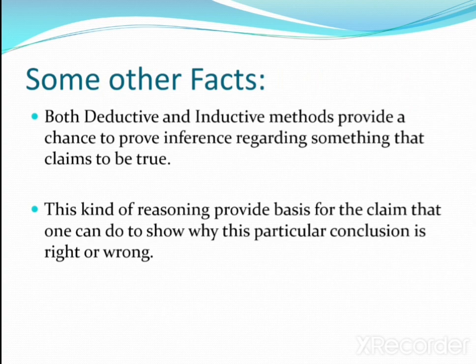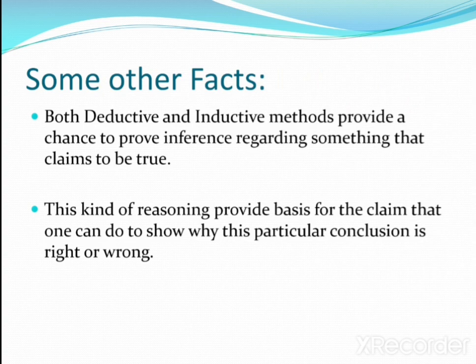There are some other facts that we are going to talk about also, and the facts are that both deductive and inductive methods provide a chance to prove inference regarding something that claims to be true. Either we apply the inductive method to sort out our problems, or we apply the deductive method. The basic thing is that they have their inference in the claim that is going to be true.